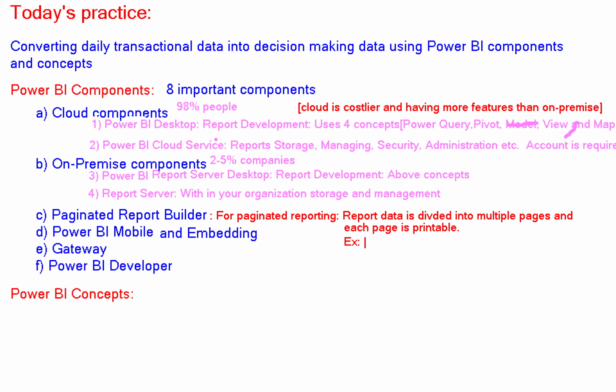Example: 100 records available, each page has 10 records or 10 rows, so 10 pages are required. This is called pagination. Everyone got clarity? If you want to implement it, Report Builder is the component you need.